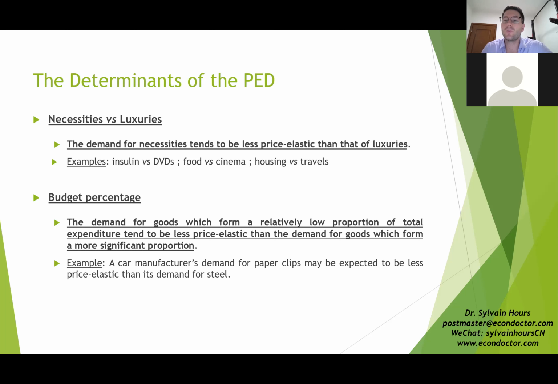But if you allocate only a very small percentage of your income to that product, then the demand is going to be very inelastic. Why? Simply because if something doesn't represent a big share of your income, to put it simply, you don't really care if the price changes. The example that I use is the price of public bikes.